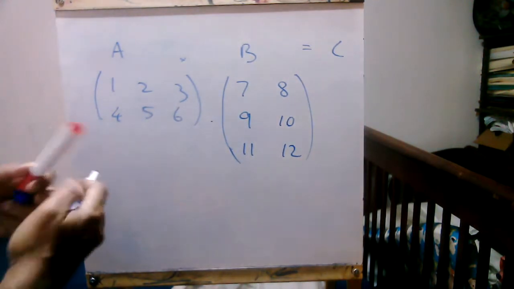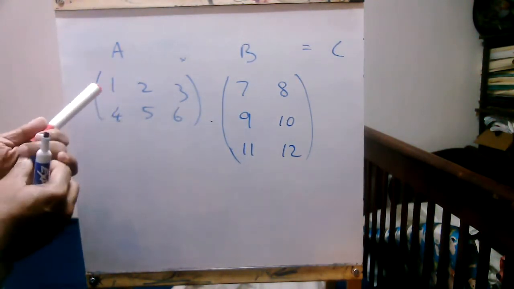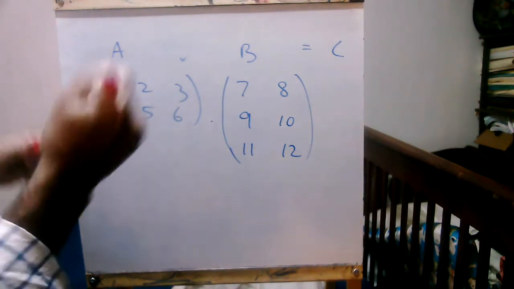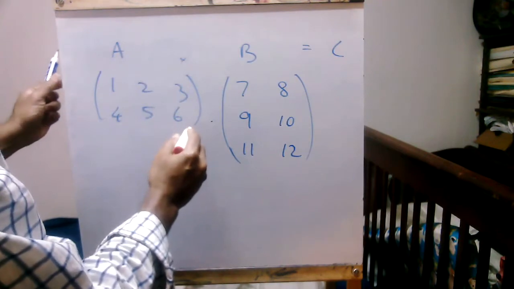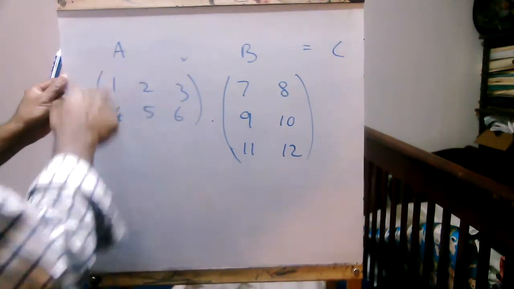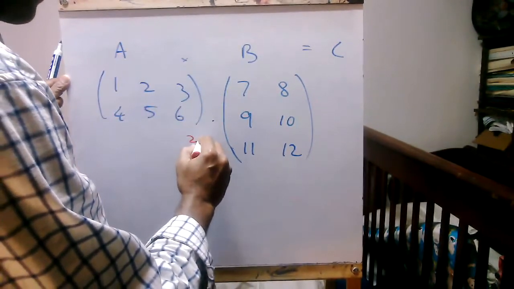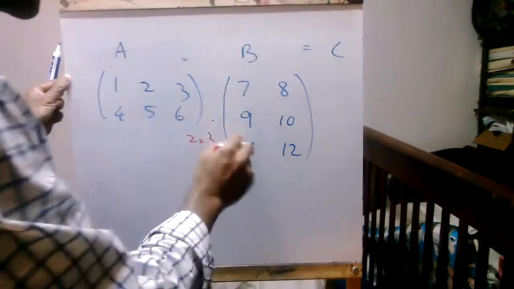How do we check? We check the dimensions of these two matrices. The size of this is row times column, 2 by 3. This is 3 by 2.